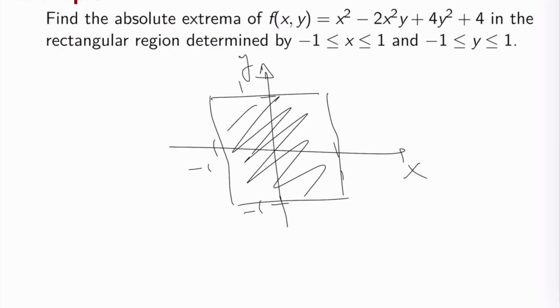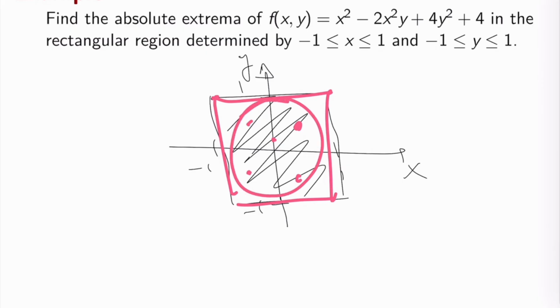So this maximum and minimum may happen in points in the interior, or it may happen in parts of the boundary. So we are going to start by calculating the critical points, and then after that we calculate what happens when we restrict the function just to the boundary.